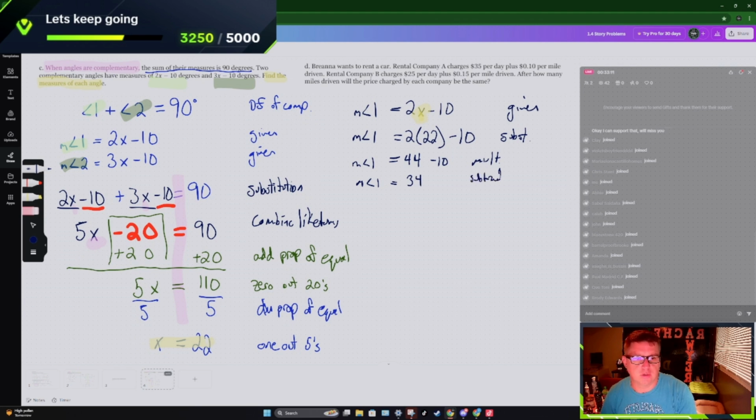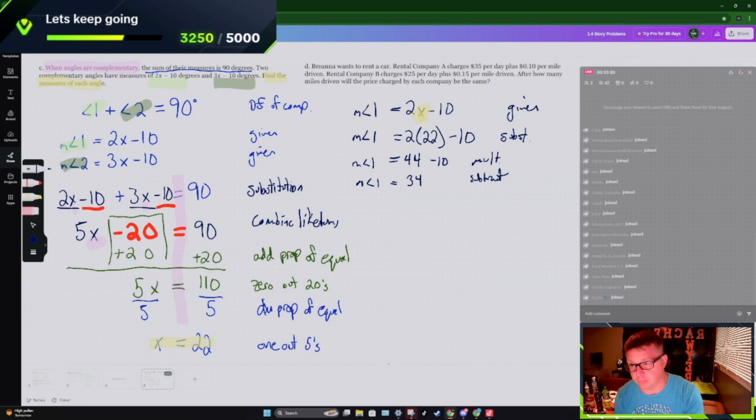If you wanted to go that route, you can when you're writing proofs, but really you could just do 2 times 22 minus 10 equals 34 and say simplify. So once I do that, I get the measure of angle 1 to be 34.